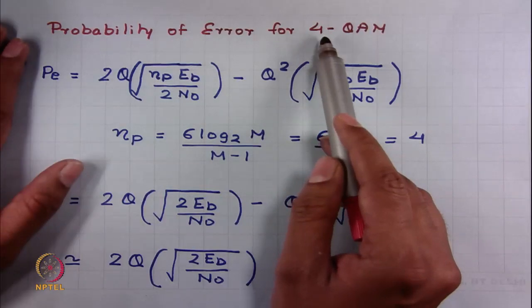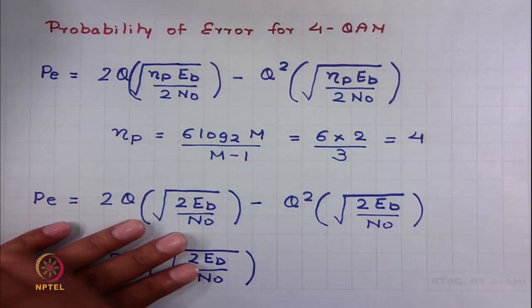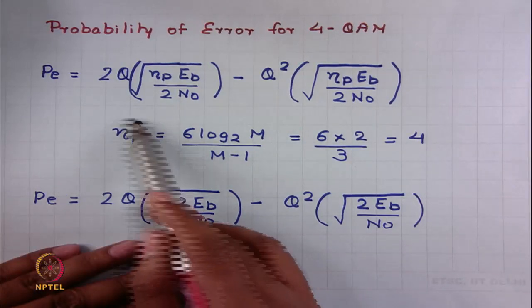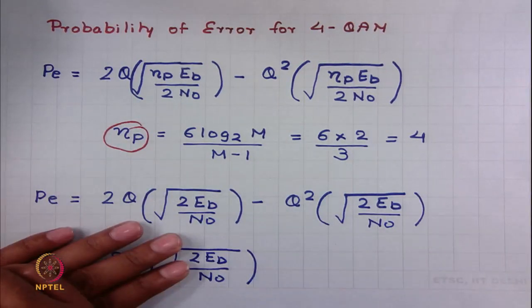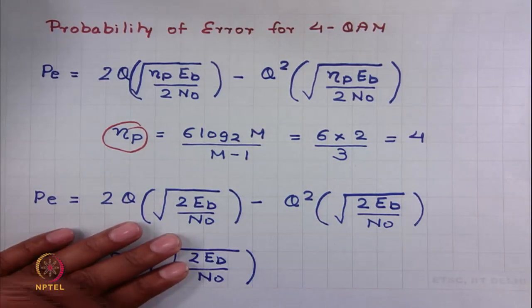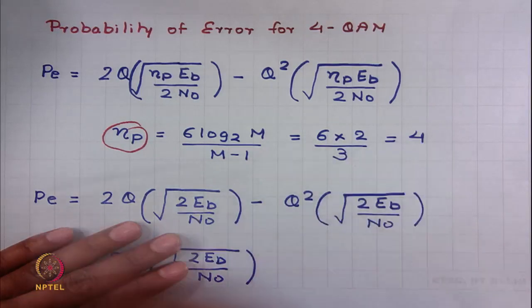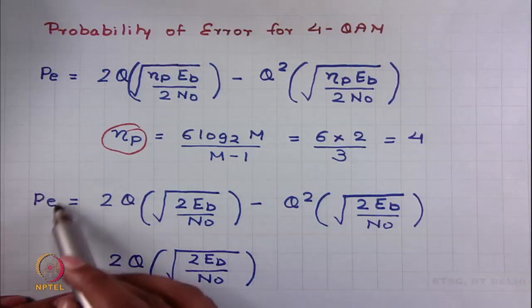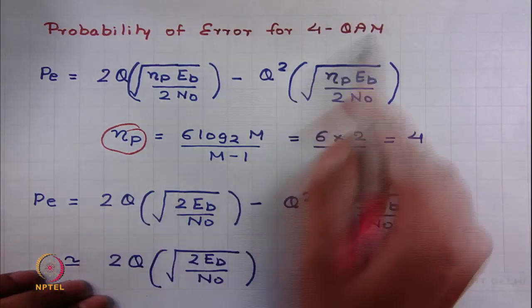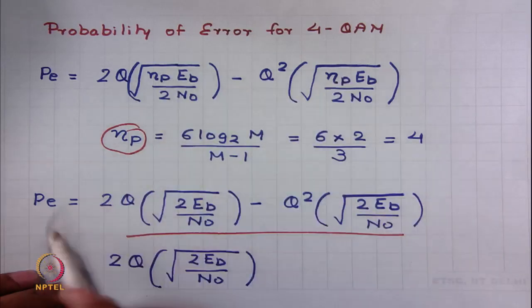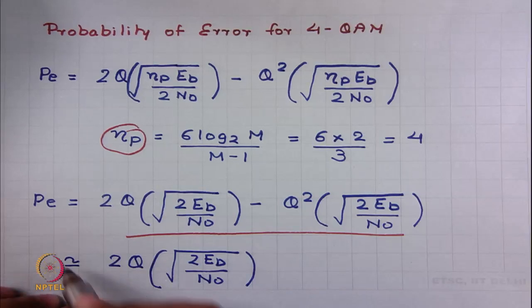So, the probability of error for 4-QAM, we have calculated as this, and now the job remains to plug in the value of power efficiency, which you can easily calculate using this relationship. So, this will be 6 times 2 divided by 3, which is 4, and now you can easily get the formula for the probability of error for 4-QAM, which is this. So, you plug the value 4 into this relationship, and you can also approximately calculate it like this.